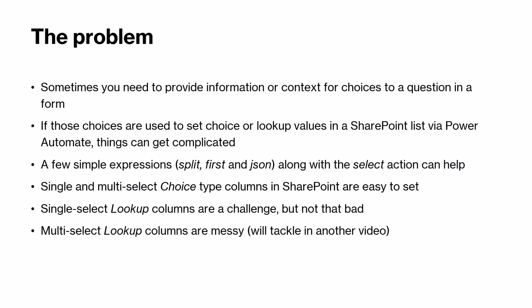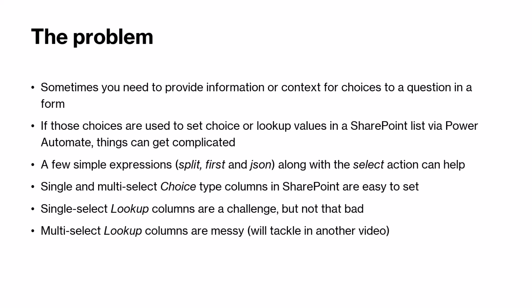Single select lookup columns are a little bit of a challenge, but they're doable. They're not overly complicated, because basically you just have to understand that lookup columns in SharePoint store an object as opposed to a value, and it's predicated on the ID number of the item that is selected in that lookup column.